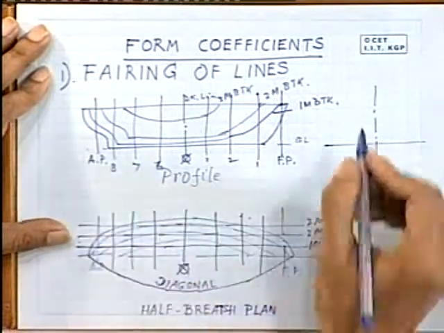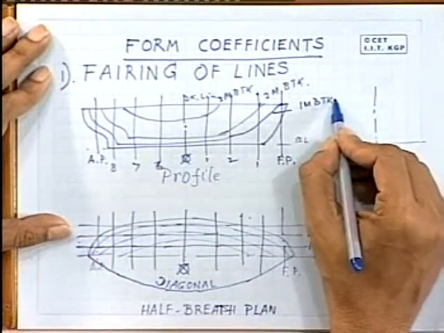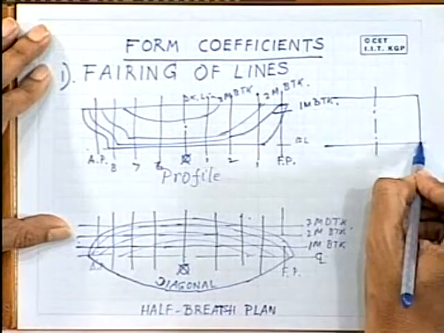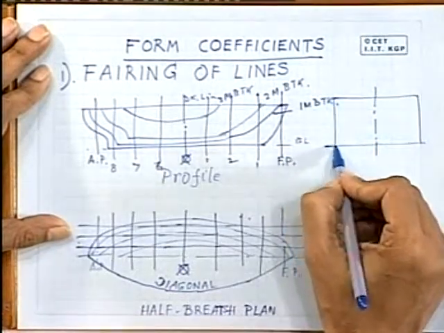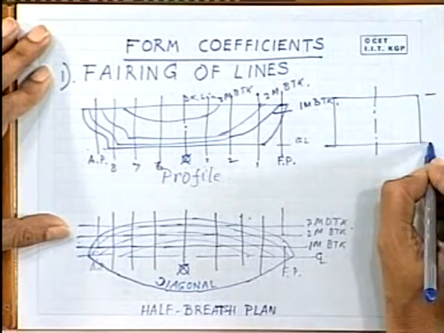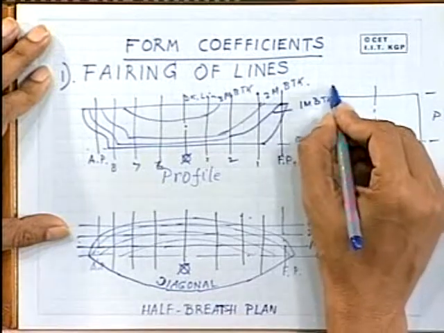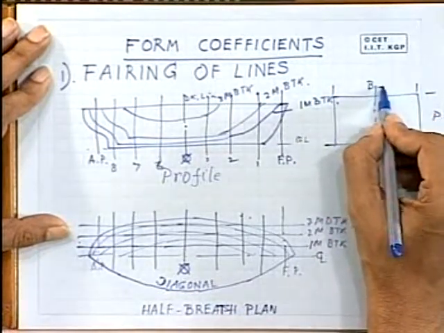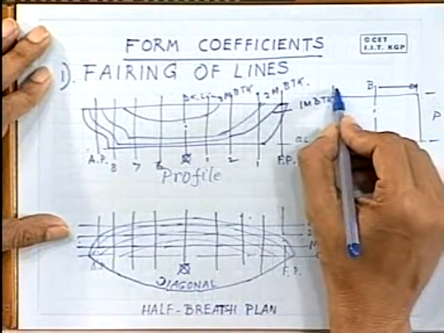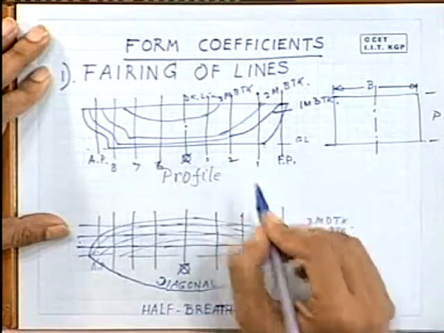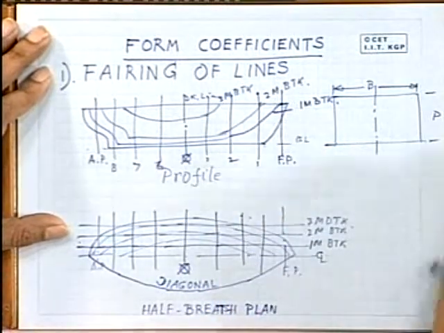Those are called body plan stations, but before that one has to make the outline or the boundary of the body plan. This is the depth of the ship and this is the maximum breadth. Of course, in the body plan there is no question of the length coming into the picture. The length can only be shown on the profile and the half-breadth plan, right.